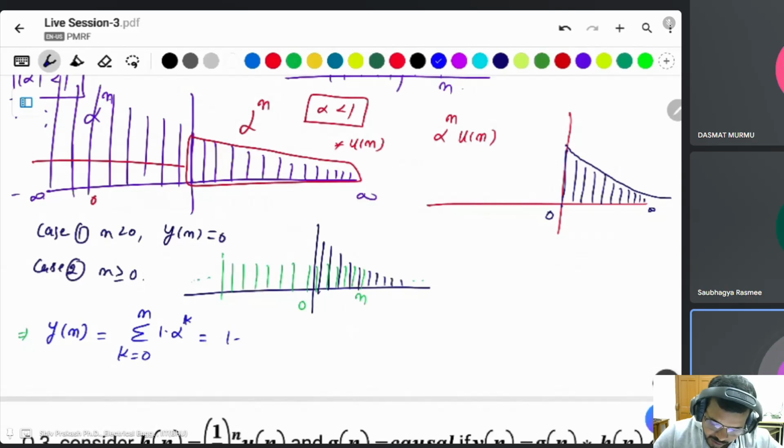This will look like 1 plus alpha square plus alpha cube up to alpha power n. These are n terms.